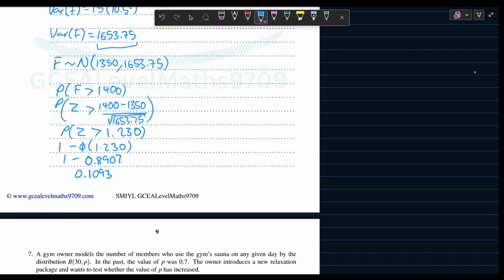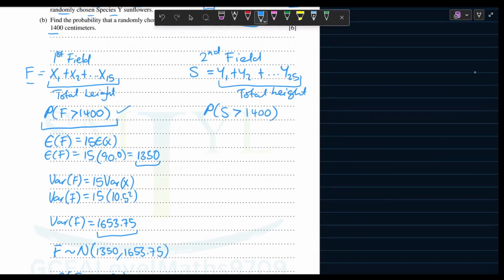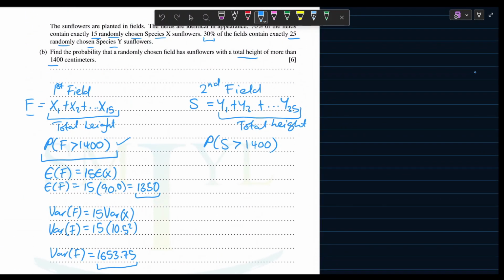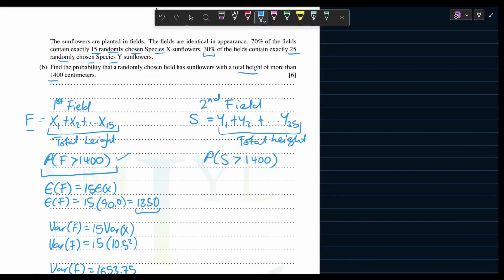So this 0.1093 is the probability that the first type of field, the field that only contains species X, has a total height greater than 1400. The probability of that happening is 0.1093. We'll factor in the percentages at the very end.